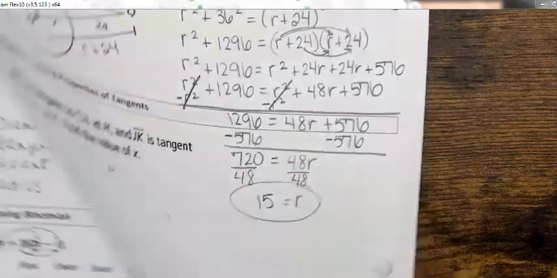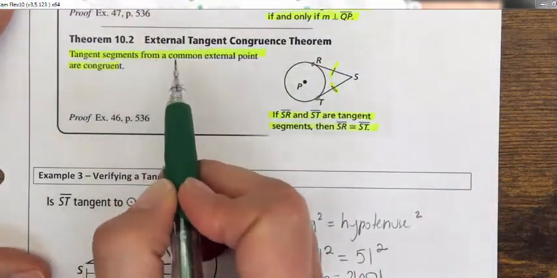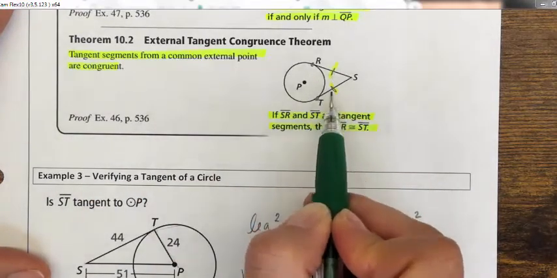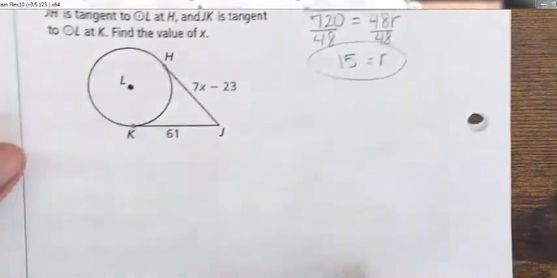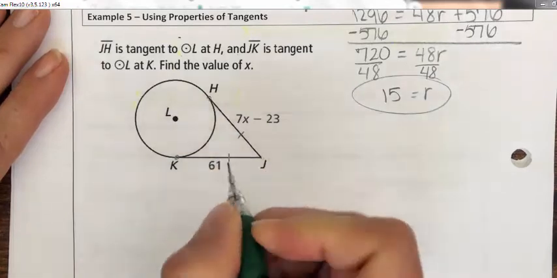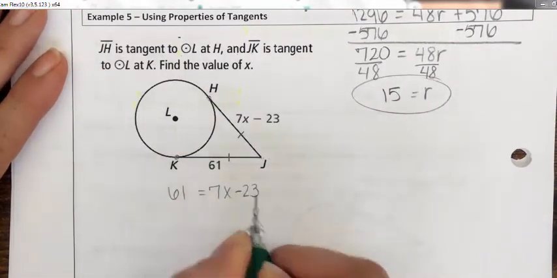Well, what was that? Tangent segments from a common external point are congruent. So I know that the two segments then are equal in length, or are congruent. So I can set up a quick equation where I just set these two equal to each other because I know that they're congruent. So I got 61 equals 7x minus 23.